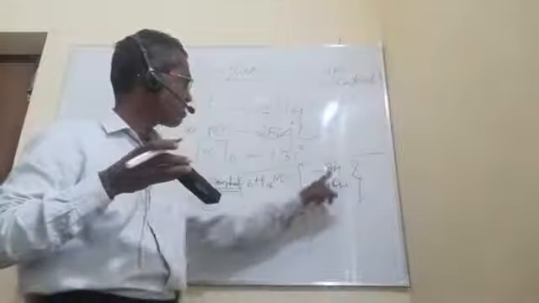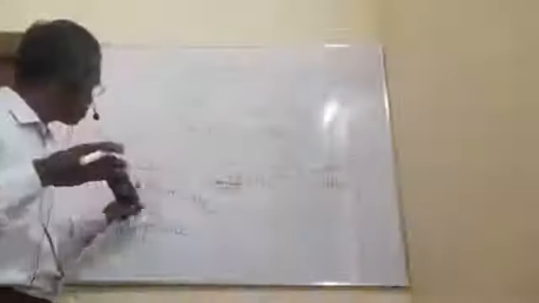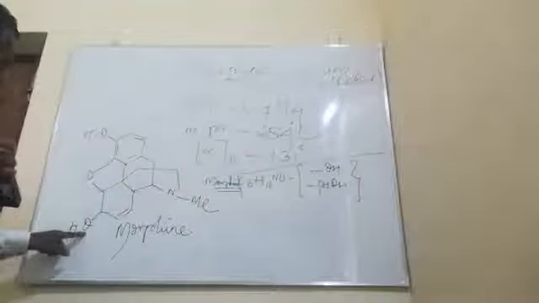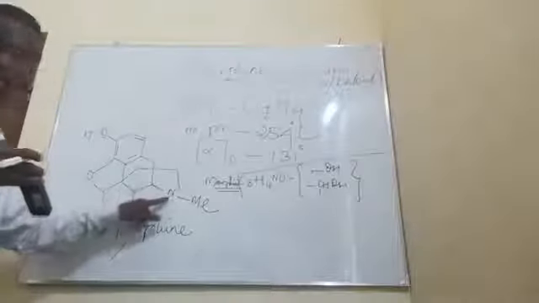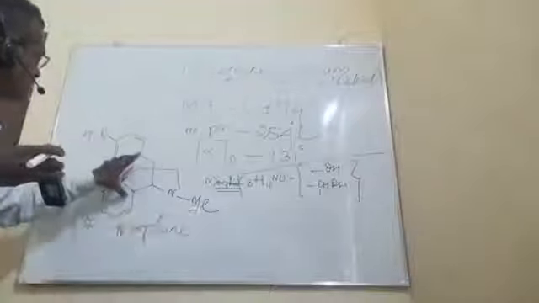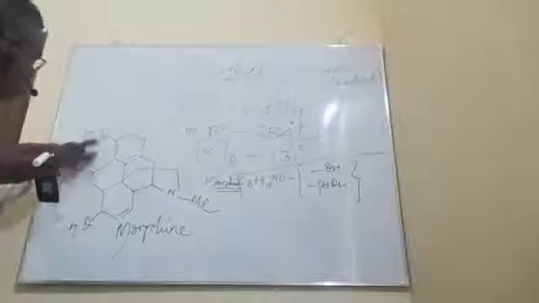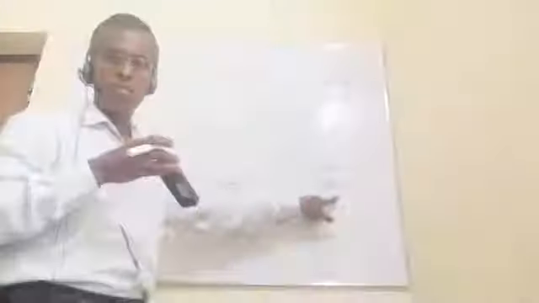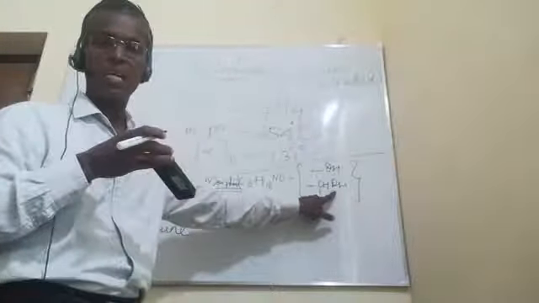So as far as morphine is concerned, we have 2 hydroxyl groups. When you look at the structure, you can easily understand that there are 2 hydroxyl groups, one ethyl linkage, one tertiary nitrogen, and one methyl group, and the basic nucleus is phenanthrene.